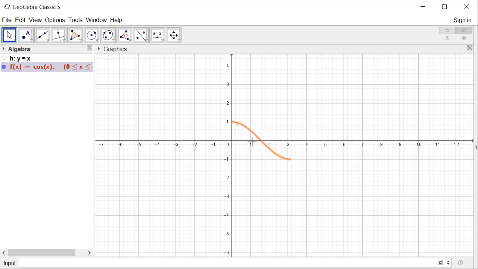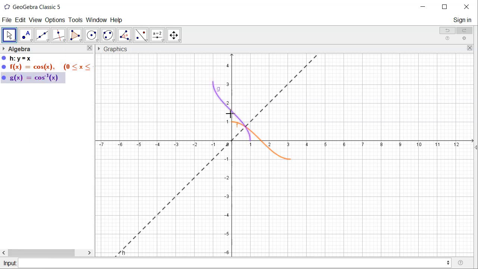So what we can do is reflect it so that we can find the arc cosine. So arc cosine looks like this, and you can see the symmetry there. I'm going to erase all the other ones.